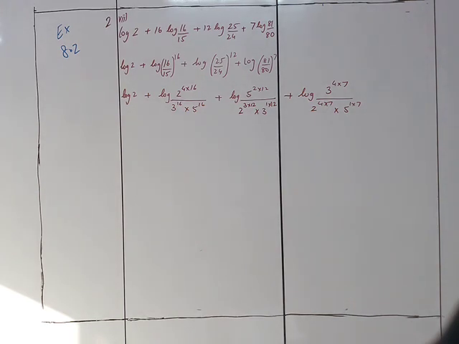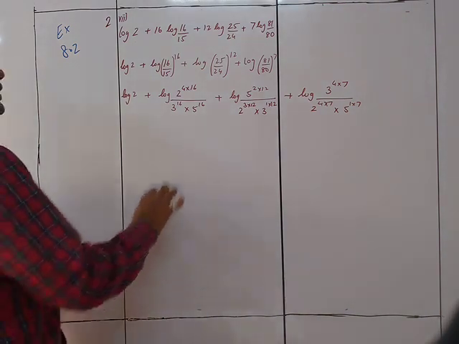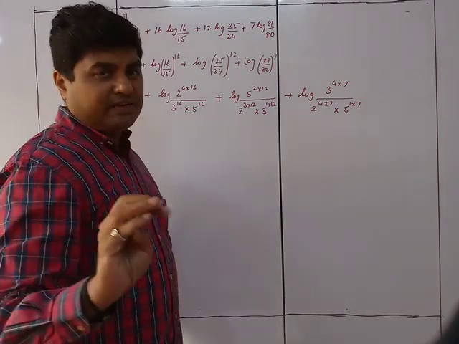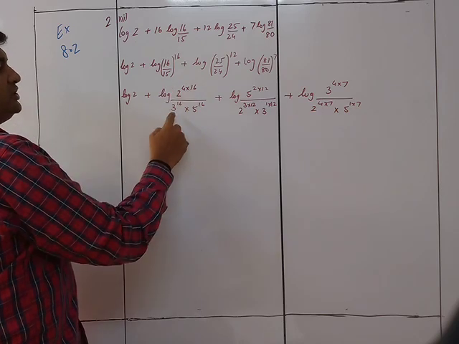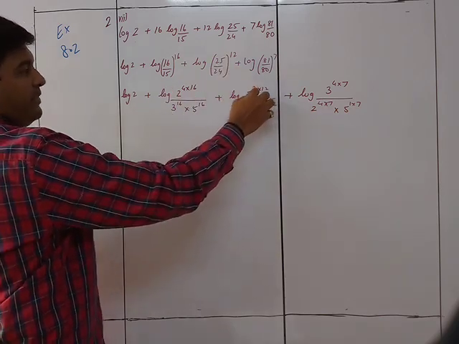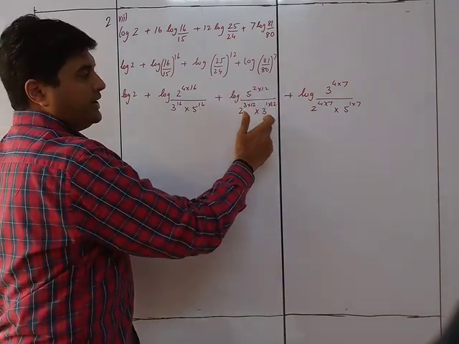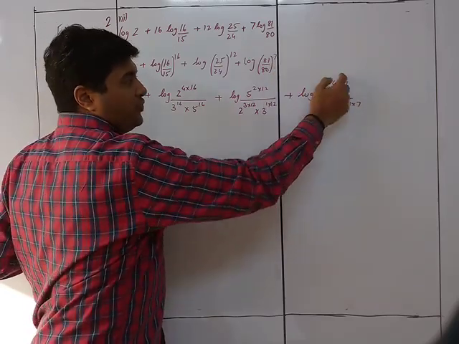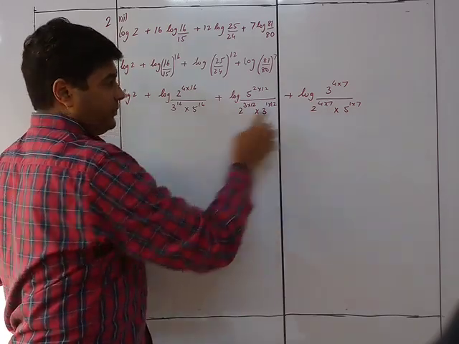Here I have converted all the numbers into multiples of 2s, 3s and 5s. 16 is 2 raised to 4, 15 is 3 into 5, 25 is 5 square, 24 is 2 raised to 3 into 3, 81 is 3 raised to 4, and 80 is 16 into 5, so 2 raised to 4 into 5.